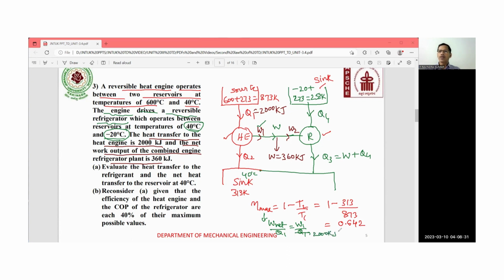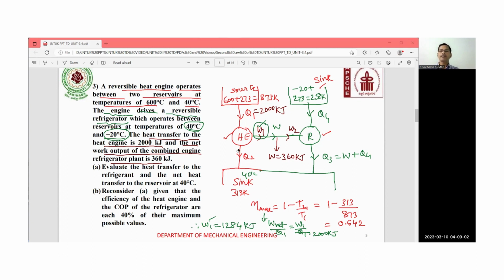Therefore, W1 you will get as 1284 kilojoules. Clear? That is how the heat engine part is done, so this portion is over.